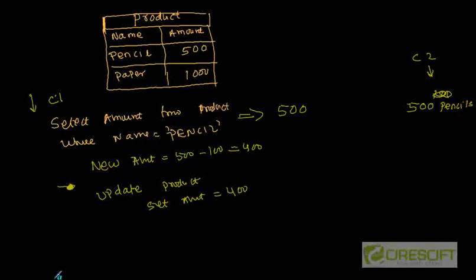The agent who is serving customer 2 looks at the database and sees we have 500 pencils, because the second agent does not know that something else is going on.